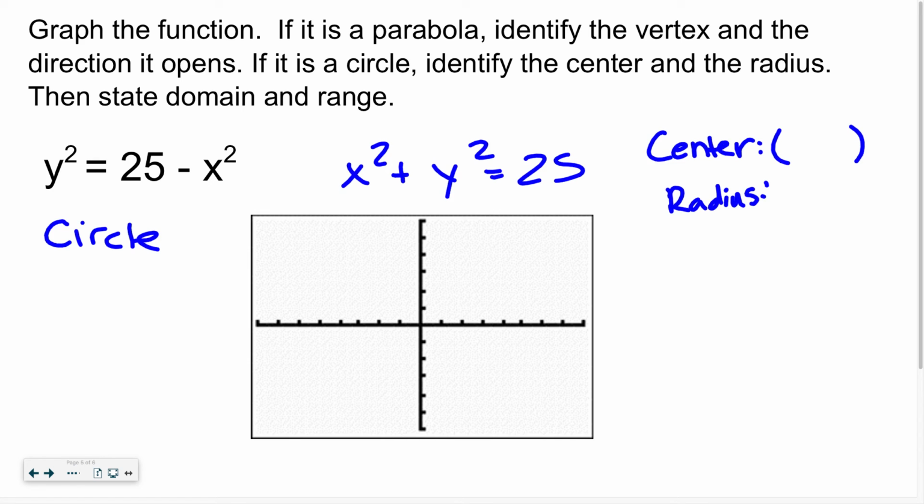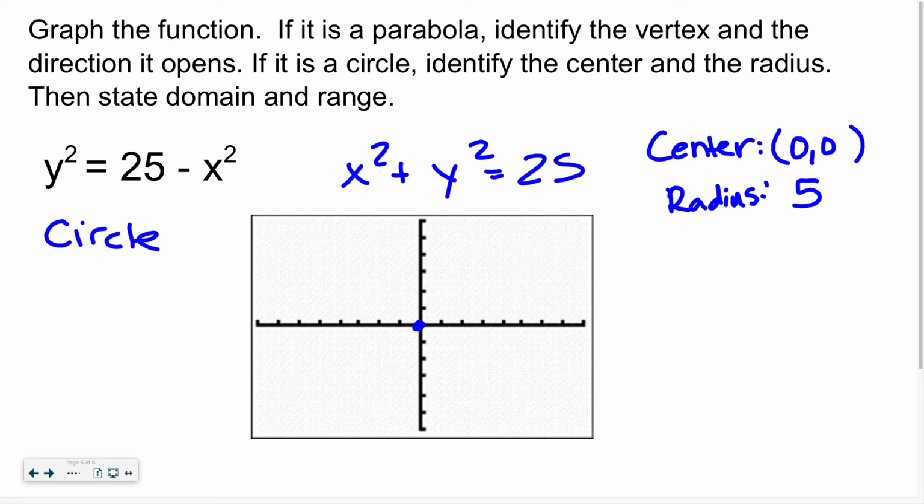I don't see any h's and k's. They must be zeros. And what's my radius? 5. The square root of 25, right? That's r squared in the equation.